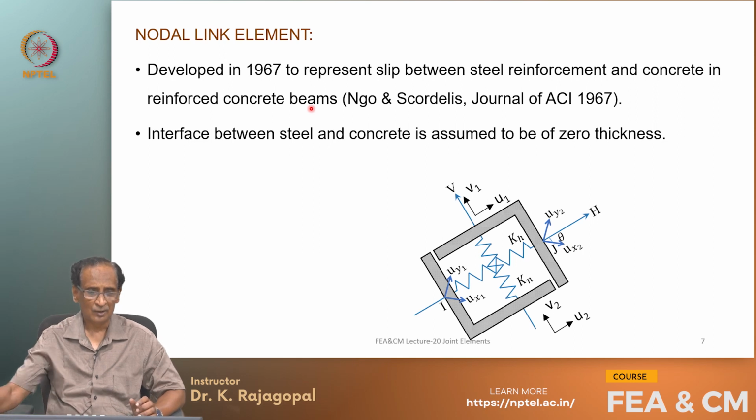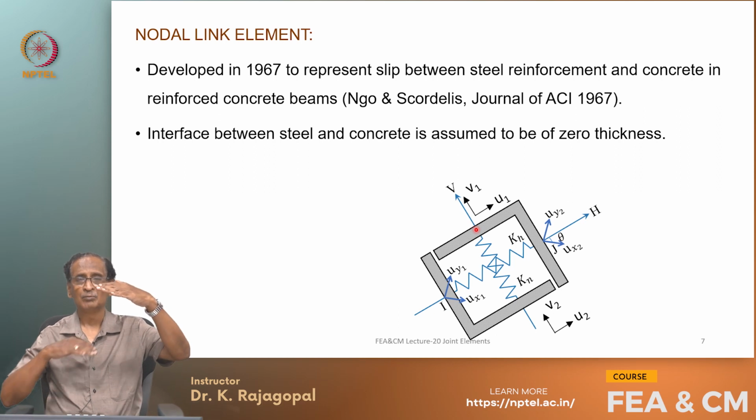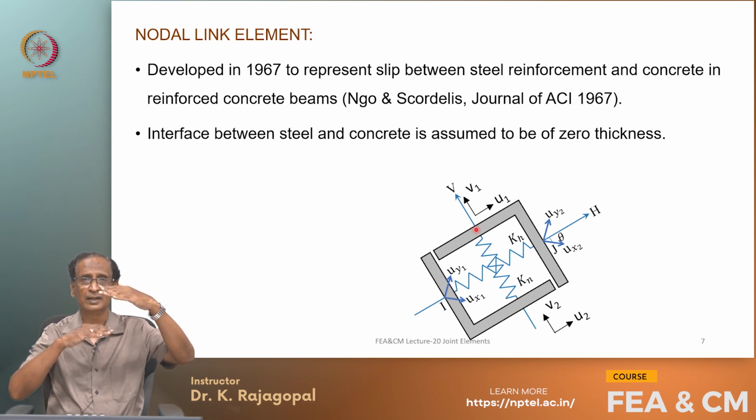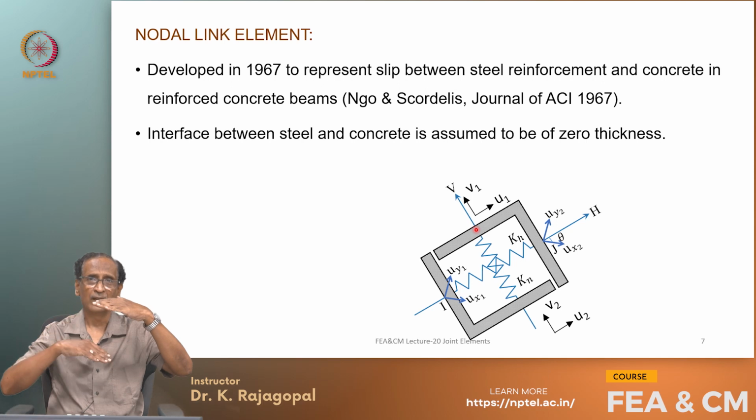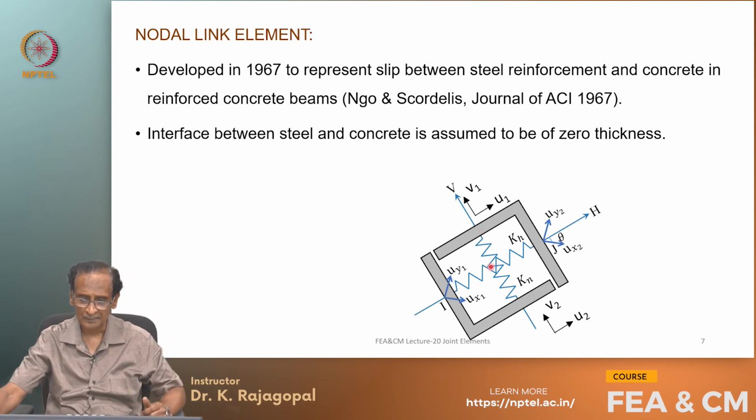The element that was developed in 1967 by Ngo and Scordelis is something like this. You connect 2 points, one point on the concrete and the other point on the steel, through 2 springs. One is a normal spring and the other is a tangential spring like this. So, this Kn is the normal spring between the concrete and the steel, and the Kh is the tangential spring between the concrete and the steel.